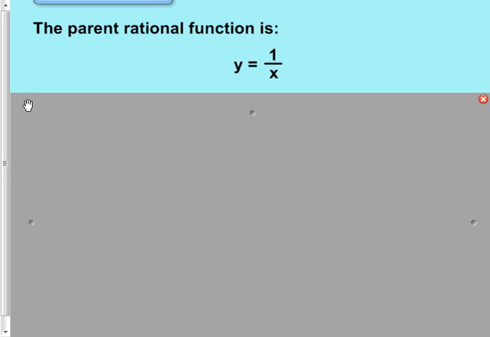Another way that this is stated is with reciprocal language, as in y equals the reciprocal of x. Remember, the reciprocal simply means turned upside down. So when they say y equals the reciprocal of x, they are saying y equals x, and that fraction has been turned upside down.